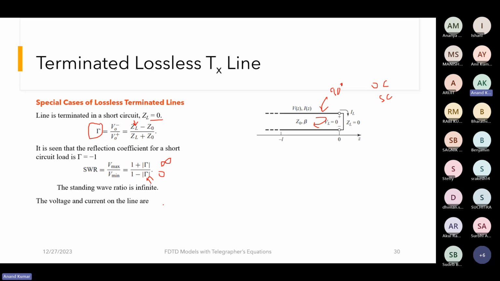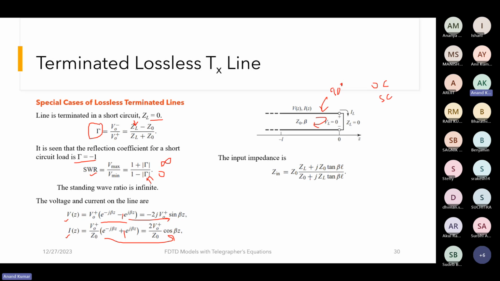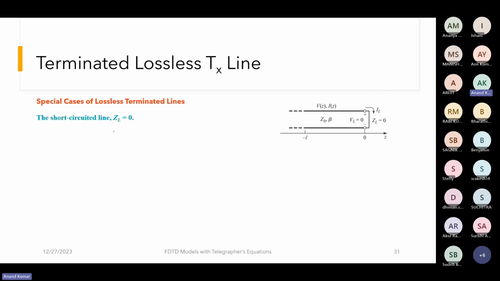Now the voltage and current on the line, if you substitute the value of gamma as -1, these terms will vanish, and this can again be evaluated to sine and cos. So you get the expression for voltage and current, the standing wave ratio. Again, for the input impedance, if you make ZL as 0, this will evaluate to this term, j Z naught tan beta l, and now we can plot these values.